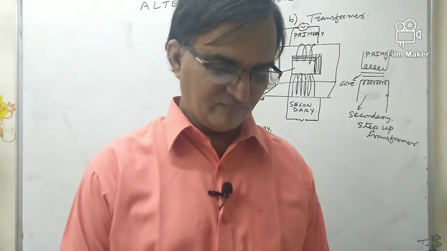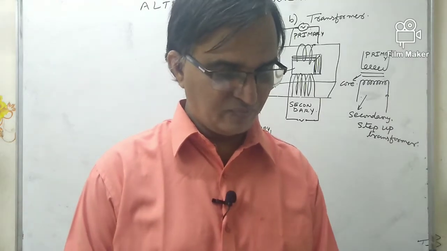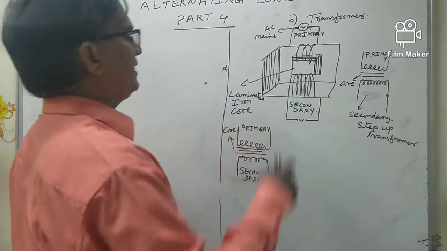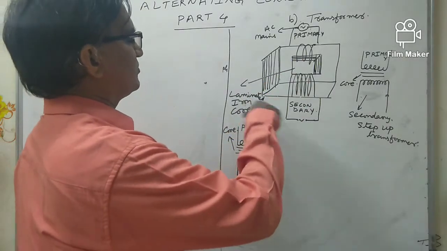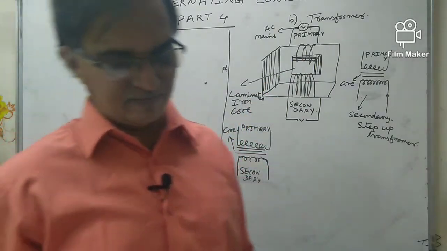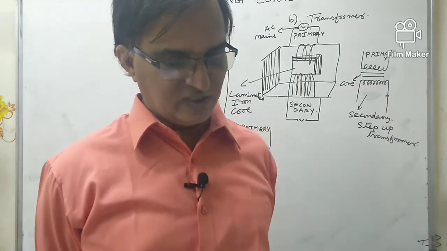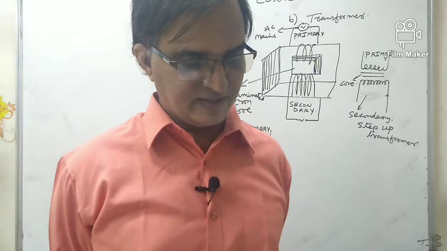Now this transformer consists of two coils, primary coil and secondary coil. You have a laminated core here, insulated, thick insulated copper wire.